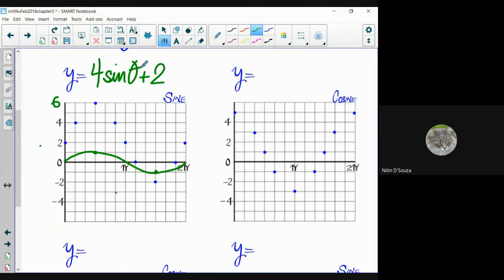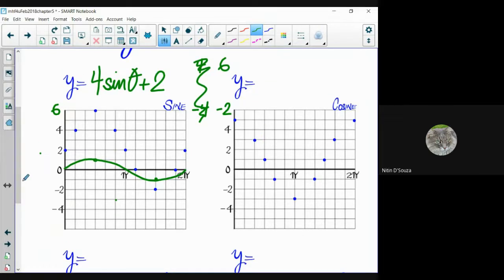That tells you the max and the min, but you've got the +2. So the 4 means that instead of going from -4 to +4, with the +2, you're going to go from -2 to 6. So your amplitude checks out and your phase checks out. So your graph would look like this.